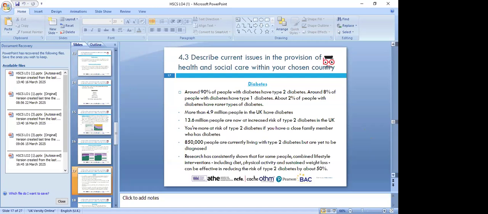850,000 people are currently living with type 2 diabetes but are yet to be diagnosed. Research has consistently shown that for some people, combined lifestyle interventions, including diet, physical activity, very important, and sustained weight loss, can be an effective way of reducing type 2 diabetes. Of course, the starchy food that we eat, the end product is glucose, which has to do with sugar.